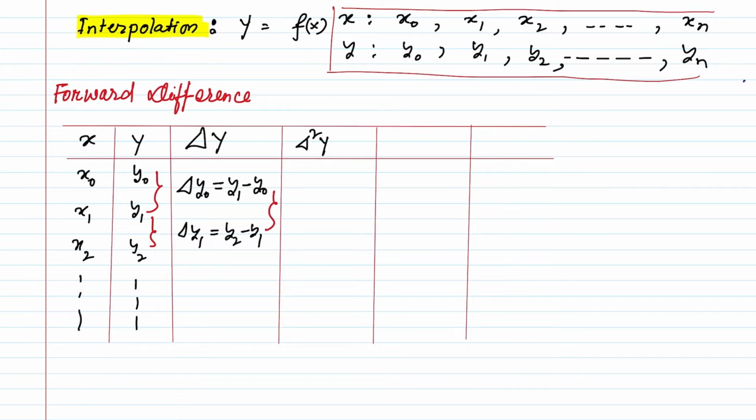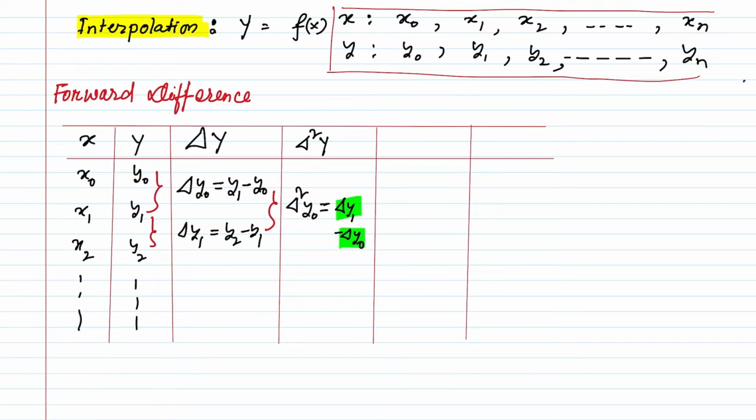That is the difference of these two, represented by del square y naught, which is del y1 minus del y naught.